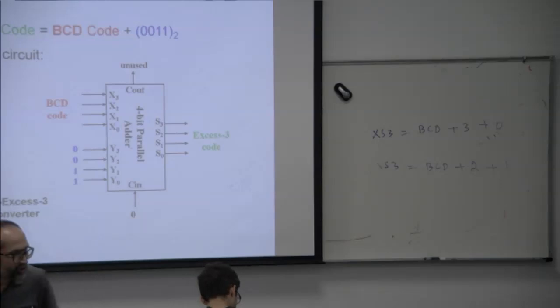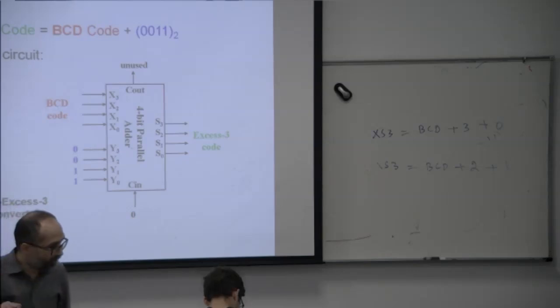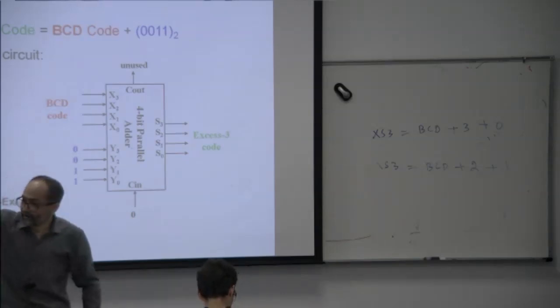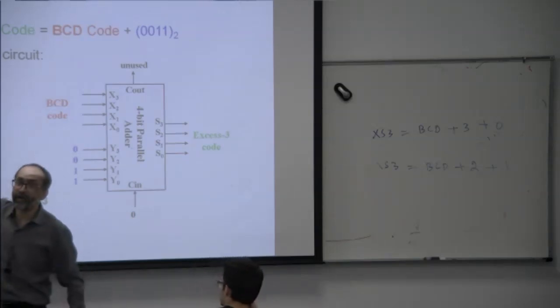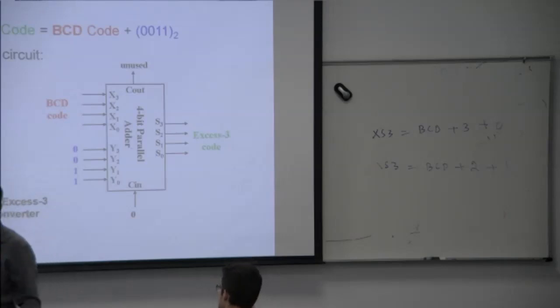We want a BCD to XS3 code converter. What is method number 1? BCD plus 3. But what is the other method? Draw the truth table, Karnaugh map, logic minimization, and then logic verification. That's step number 1. And now step number 2, you have the adder.